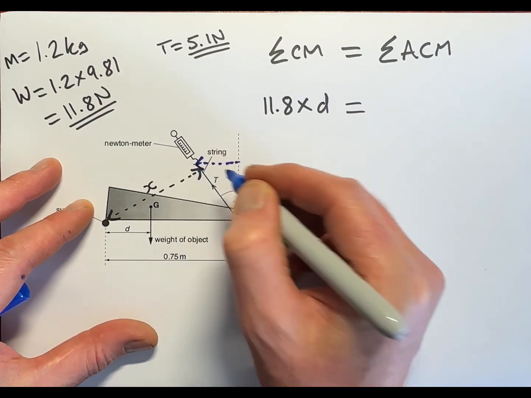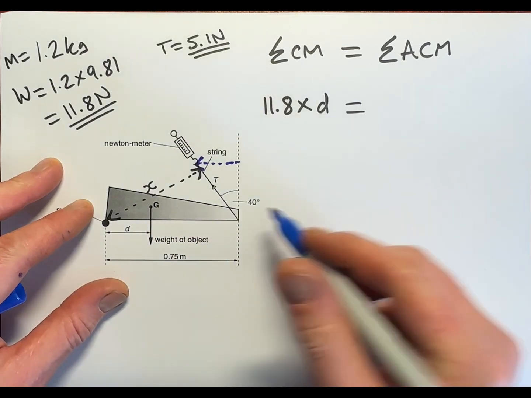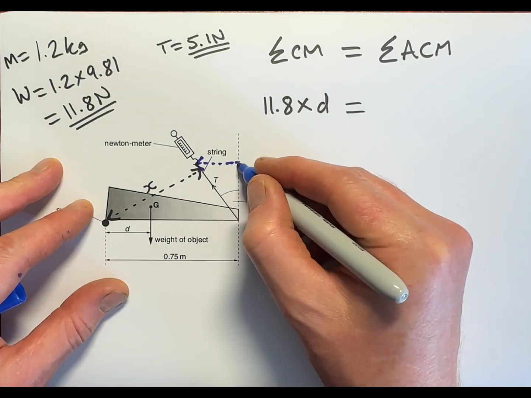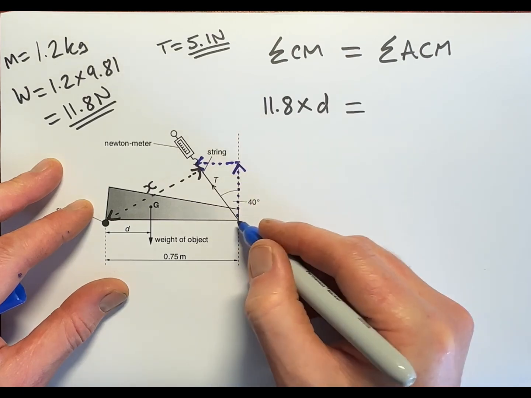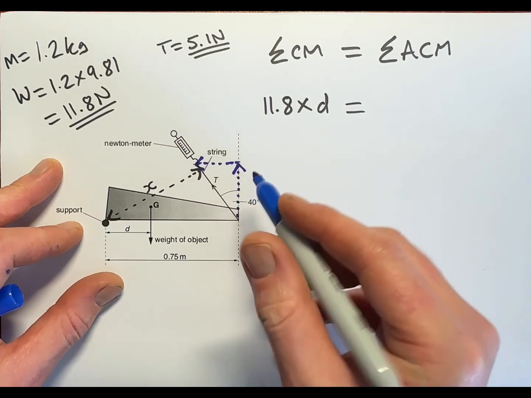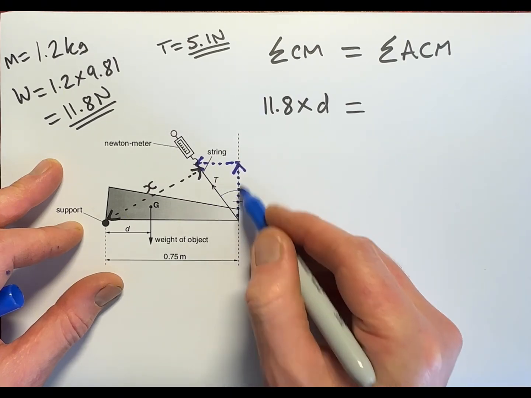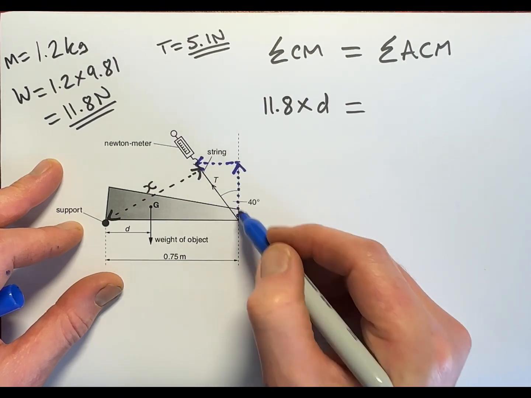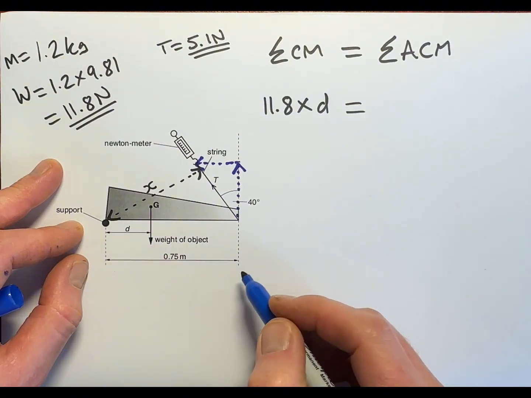One component is going to be horizontal to the object, and we're not worried about that one. The other is perpendicular to the object, and that's the one we want. Once we've got that, we've got the component of tension acting directly vertically upwards, and we know its perpendicular distance from the pivot point, so that's going to help us.